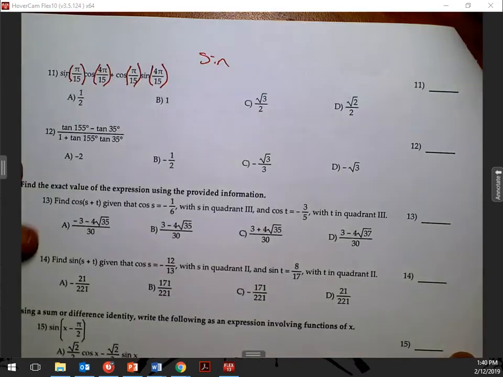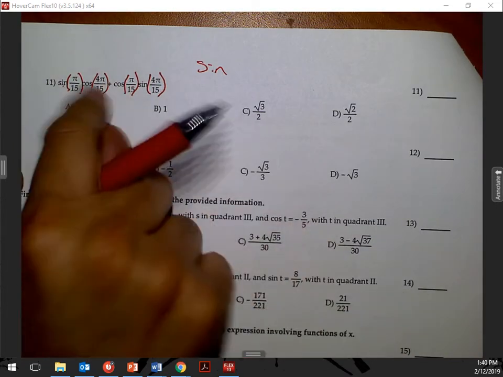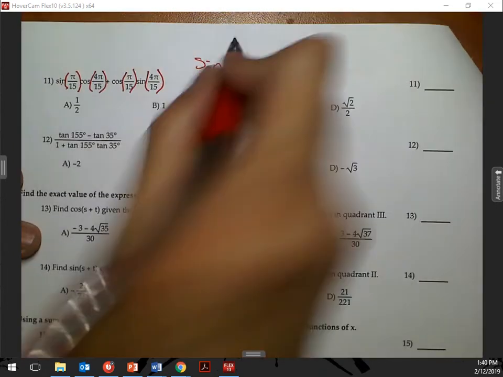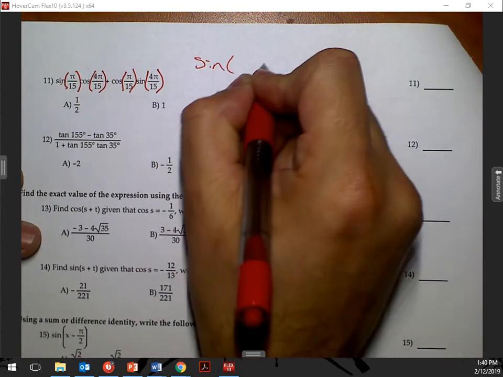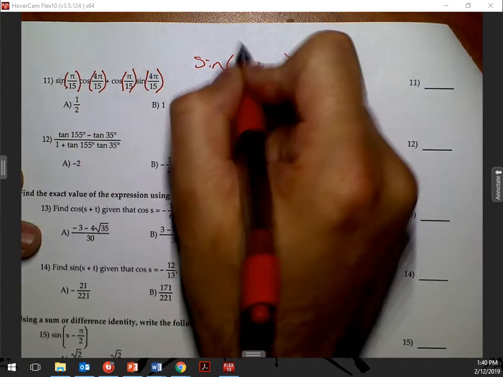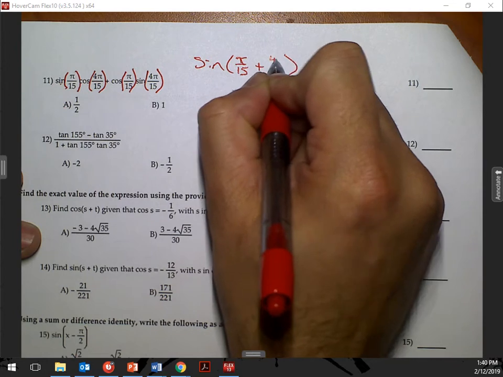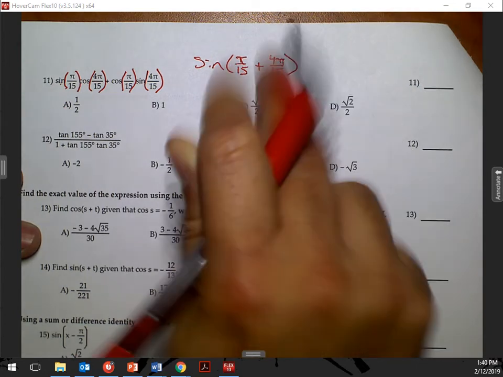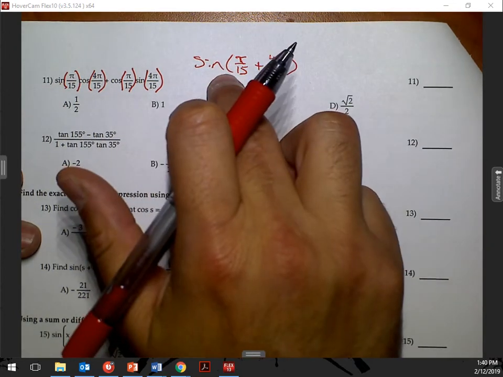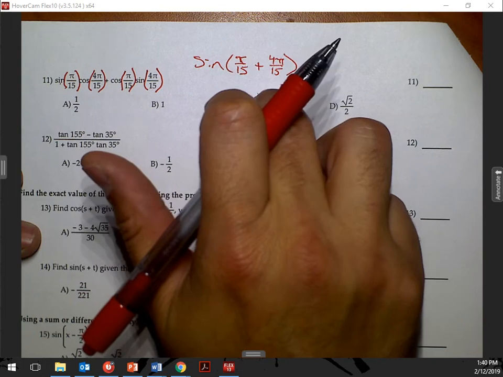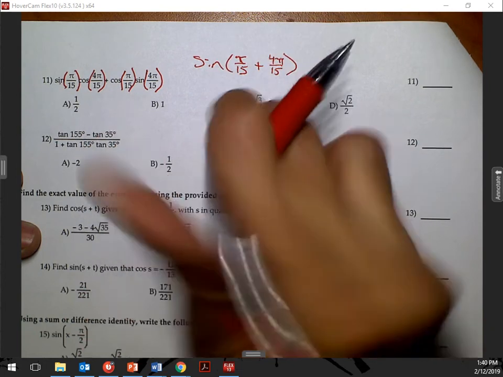So if it's sine cosine, it's sine. So it's going to be a plus. So there's a plus sign here, and pi over 15 plus 4 pi over 15. Add those together. That's going to be 5 pi over 15, which is pi over 3.